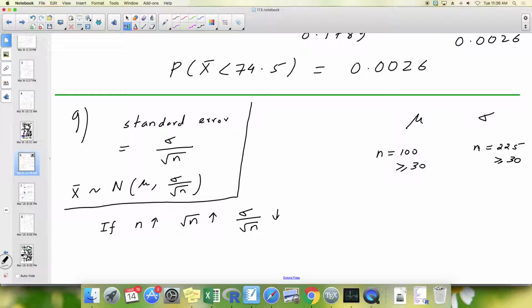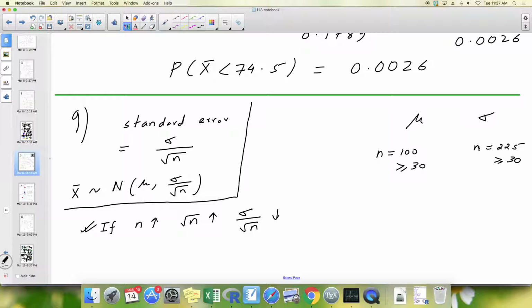Like in a fraction, if the top of the fraction remains the same, that means sigma remains the same, but the bottom of the fraction goes bigger, that means square root of n goes bigger, then the fraction becomes smaller. This is something we will be using quite often now, this fact. If n is bigger, then standard error is smaller.